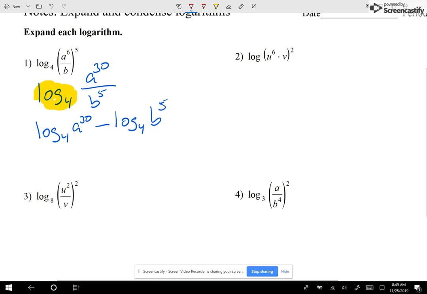Now let me get rid of the exponents. All I'm going to do is bring it to the front. So I'm going to write this as 30 logarithm base 4 of a minus 5 logarithm base 4 of b.